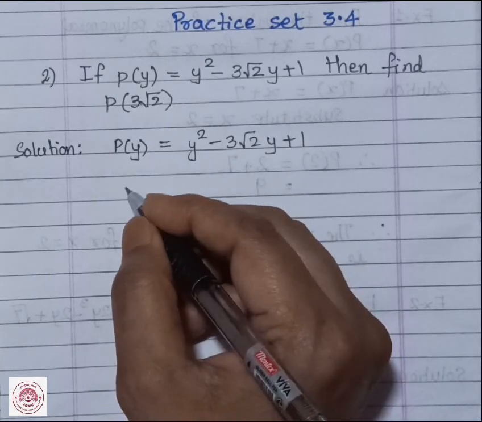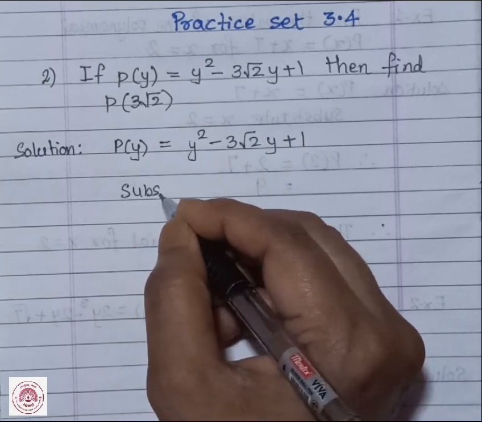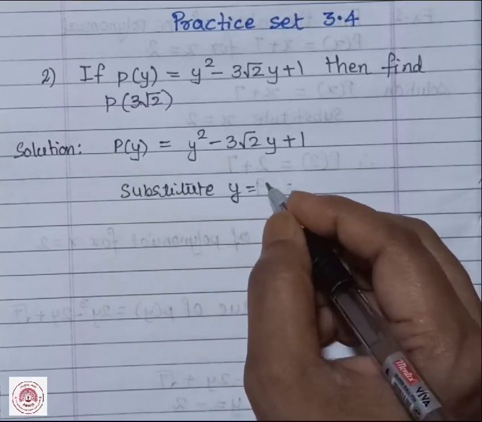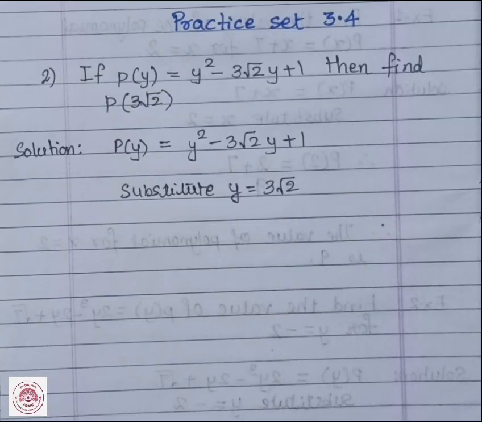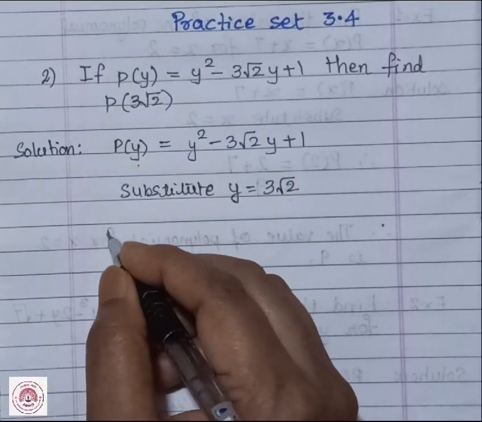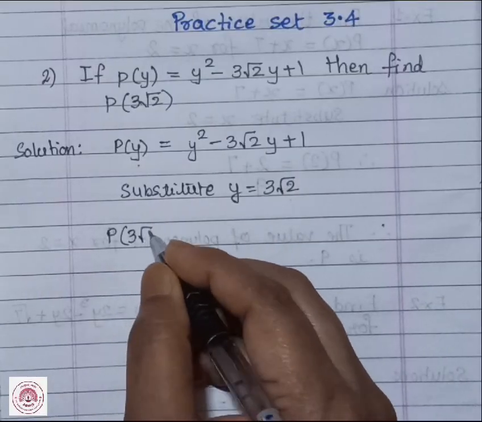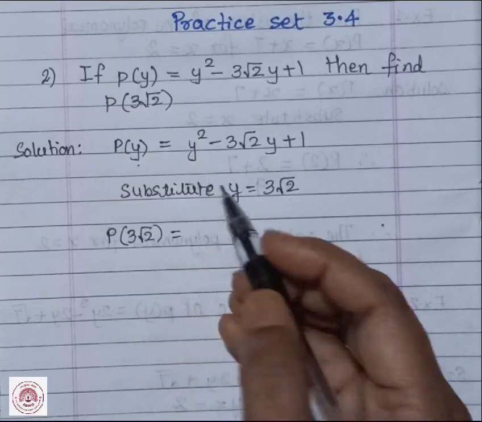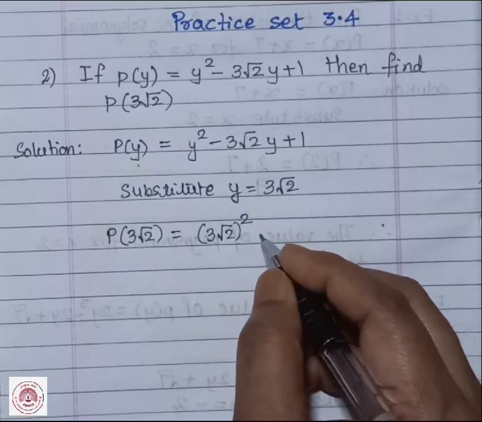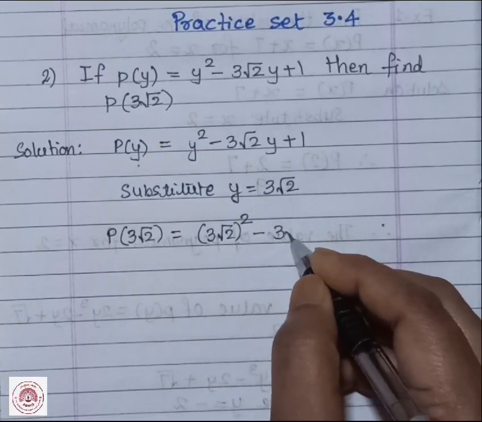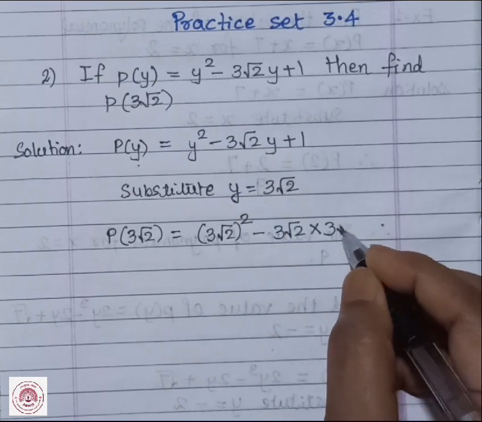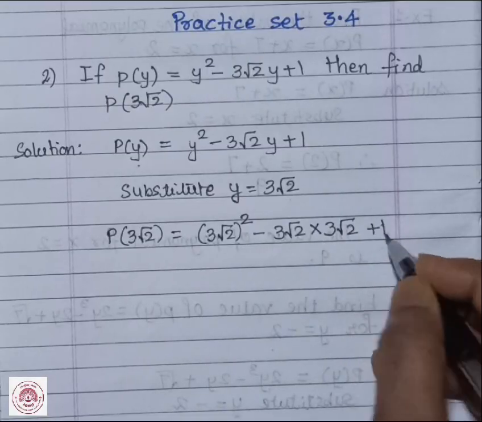So let's substitute y equals 3 root 2. Okay. So we will replace y by 3 root 2. P of 3 root 2 equals, here y square, so again (3 root 2) square, minus 3 root 2 multiplied by y, so again 3 root 2, plus 1.